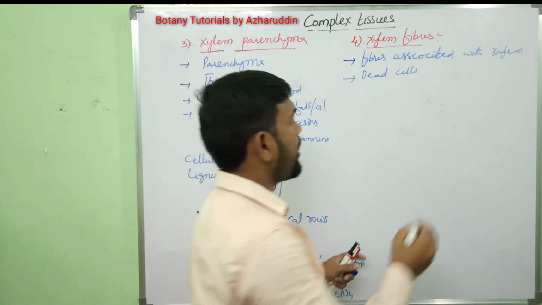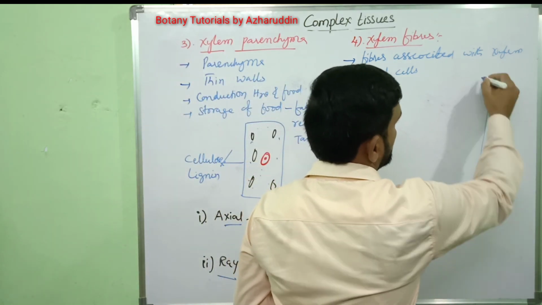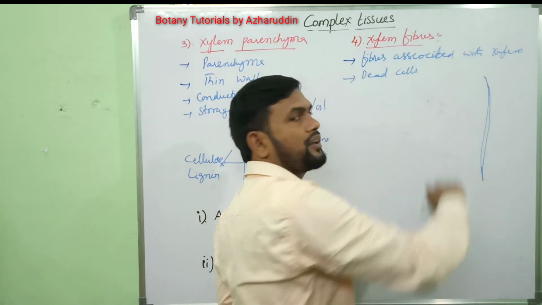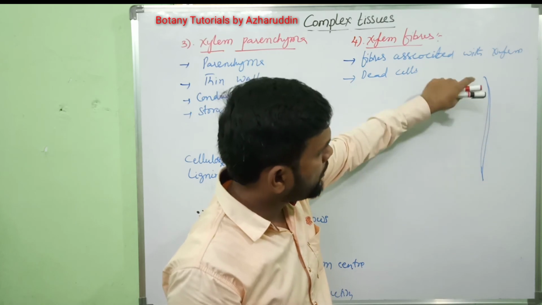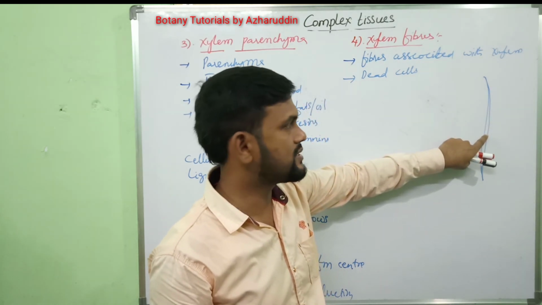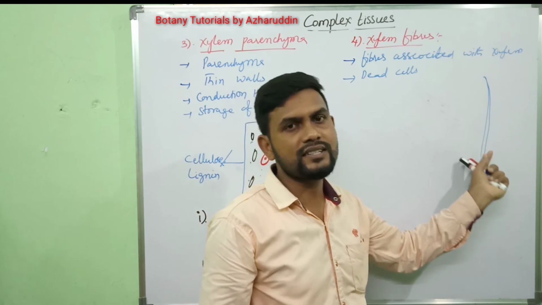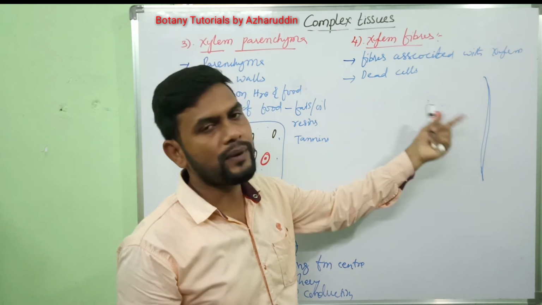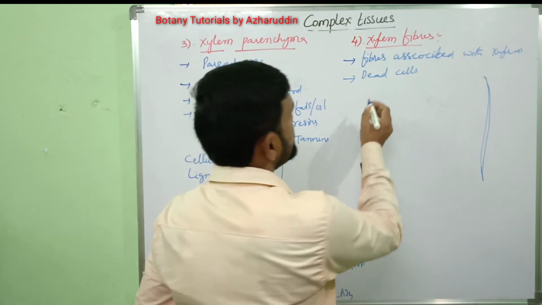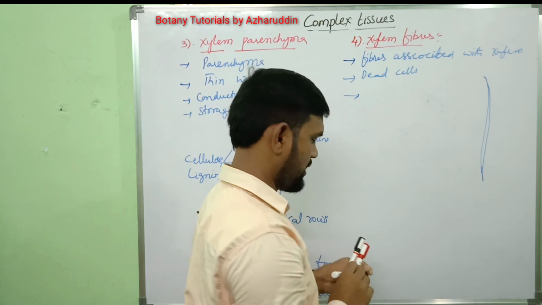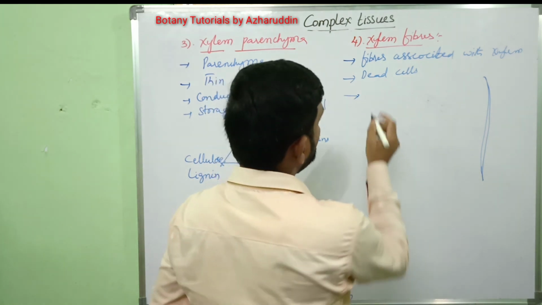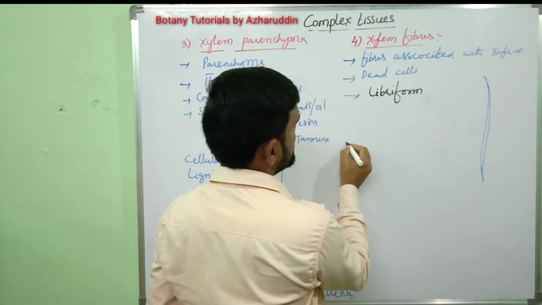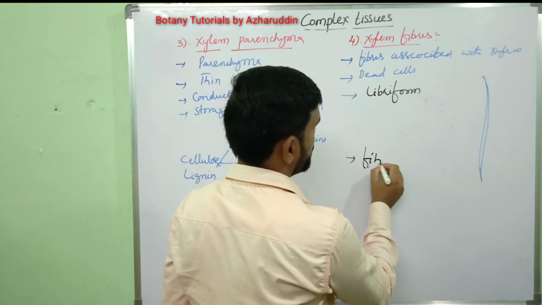Generally, they are narrow, elongated cells with tapering ends, and they contain an empty lumen in the cell. That means they are dead cells. Empty space is present in the cell. Cytoplasm is absent. Again, these fibers are of two types. They are, number one, libriform fibers, and second, fiber tracheids.